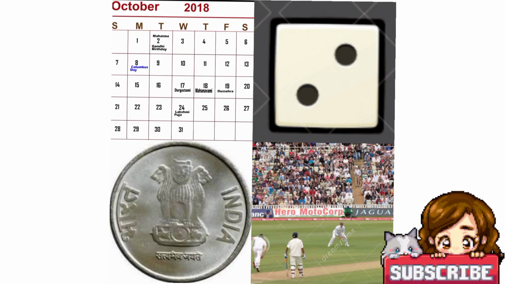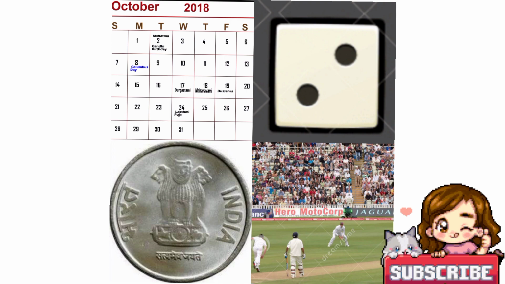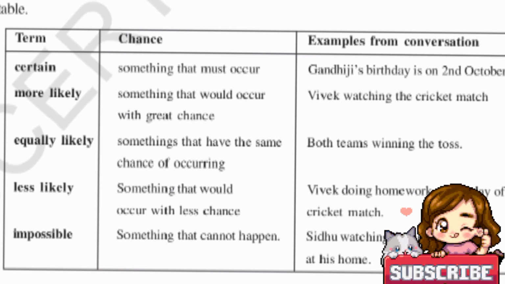For an event that will take place or not take place in our daily life, there will be a few chances. That is, it will surely happen, it will surely not happen, it might happen, it might not happen at all. To understand this, have a look at a few examples.